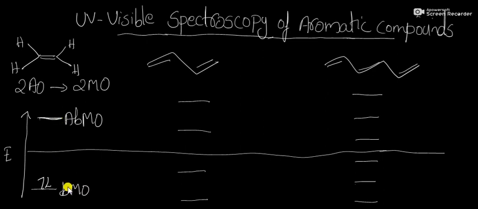Then, due to the presence of pi electrons, it undergoes a pi to pi star transition when energy of a certain wavelength is absorbed.